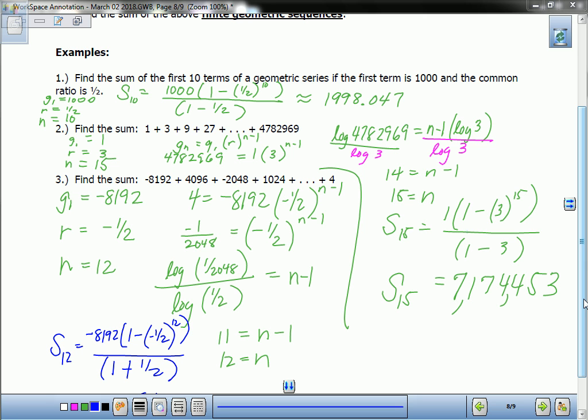And so we add 1, we get 15. So now we know we have 15 terms. So because we have 15 terms, 15 gets plugged in for n. So it's 1 times 1 minus 3 to the 15 over 1 minus 3. And so the sum of the first 15 is 7,174,453.